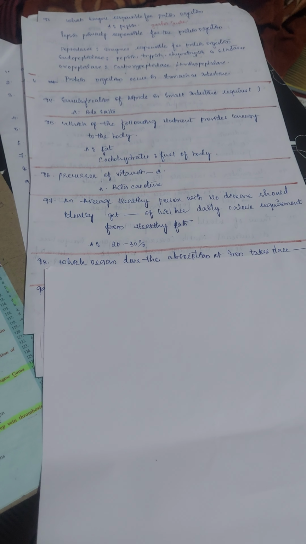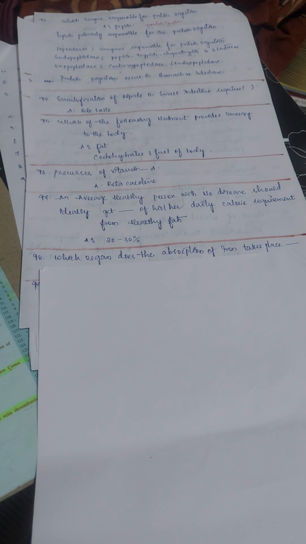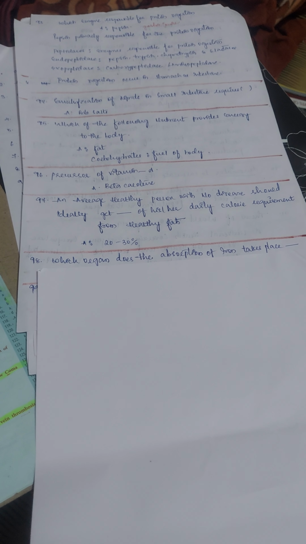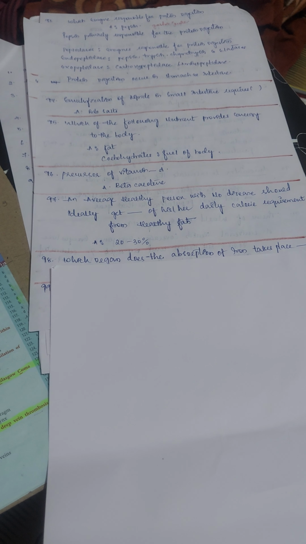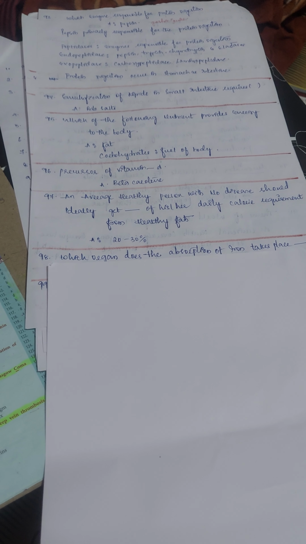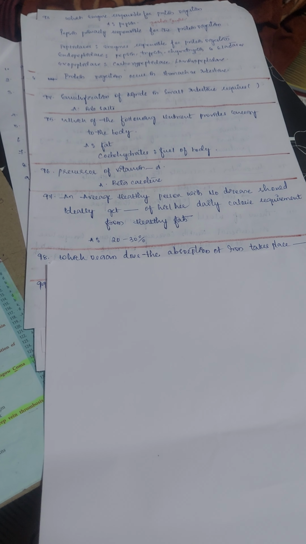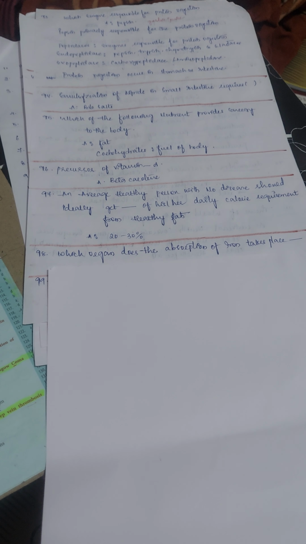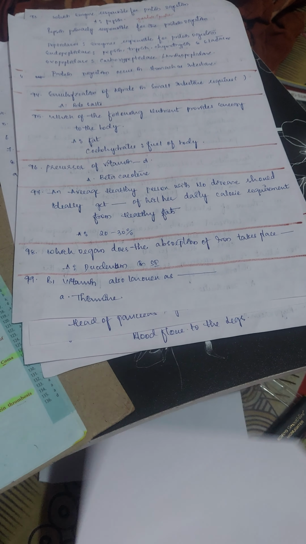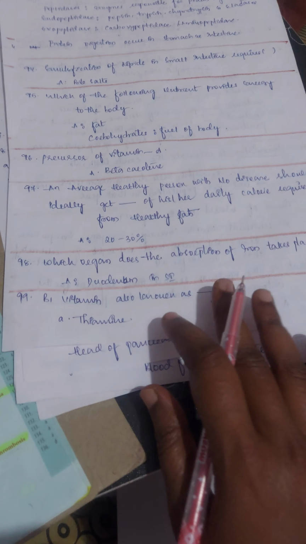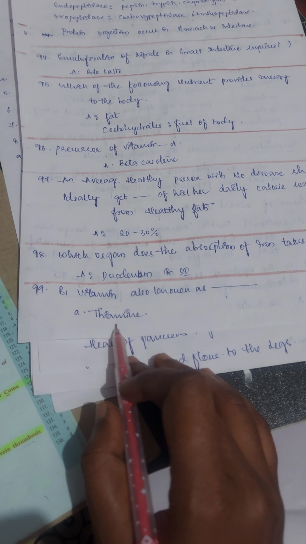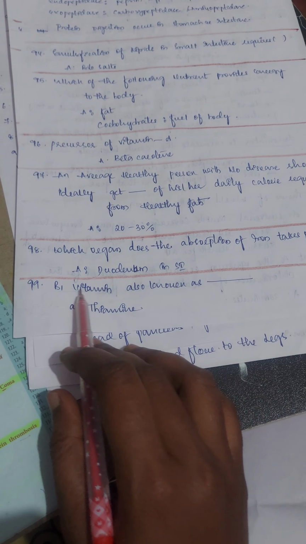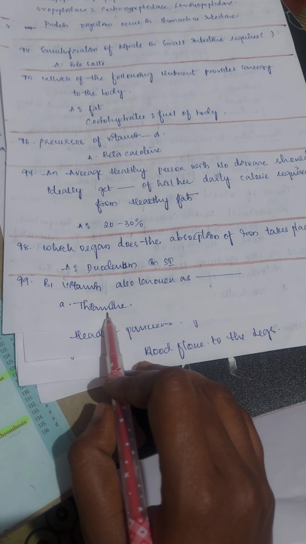Okay, the next, 98th question: in which organ does the absorption of iron take place? Duodenum, liver, stomach, or colon? So here, the small intestine, the duodenum. The next one: which B vitamin is also known as thiamine? B1 vitamin is also known as thiamine.